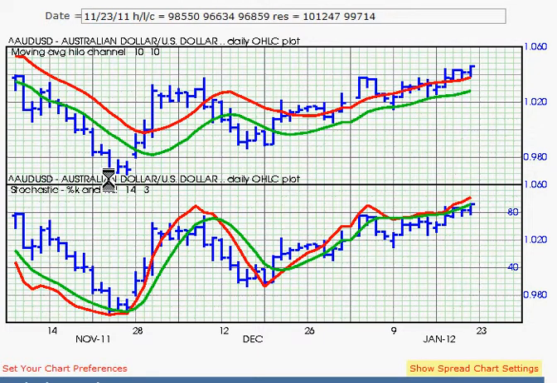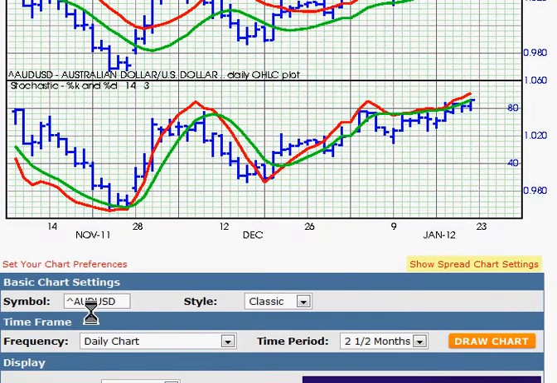Basically, AUD USD came up and made a bull swing and made a test of the low, and has moved back above the bands, and the bands are in an uptrend, so everything looks good for higher prices for the AUD USD. On the stochastics the red line's above the green line, so that shows the momentum's up. So the AUD USD looks like it's going to continue higher from here. And again, we're long that trade in the premium newsletter, and it looks like it's going to be a good one for us, hopefully.